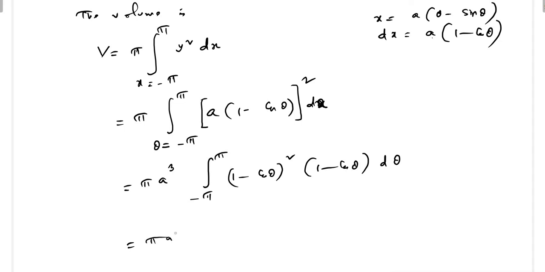So pi a cube into the integral from minus pi to pi of 1 minus cos theta whole cube d theta. Okay, let me calculate it properly. This is equal to pi a cube, the integral from minus pi to pi of 1 minus cos theta whole cube d theta.